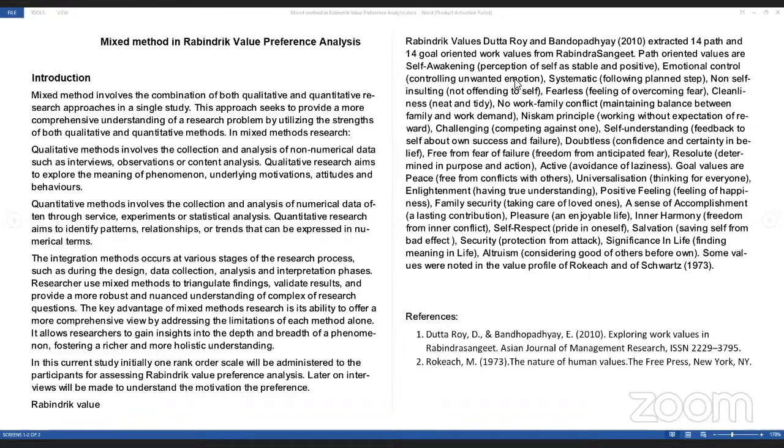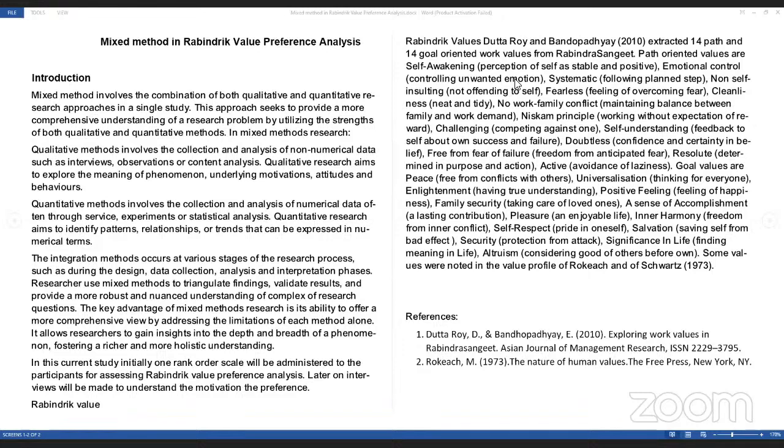Researchers use mixed methods to triangulate findings, validate results, and provide a more robust and nuanced understanding of complex research questions. The triangulation is very vital in research method so that you can justify the underlying reasons for the particular score or the distribution.